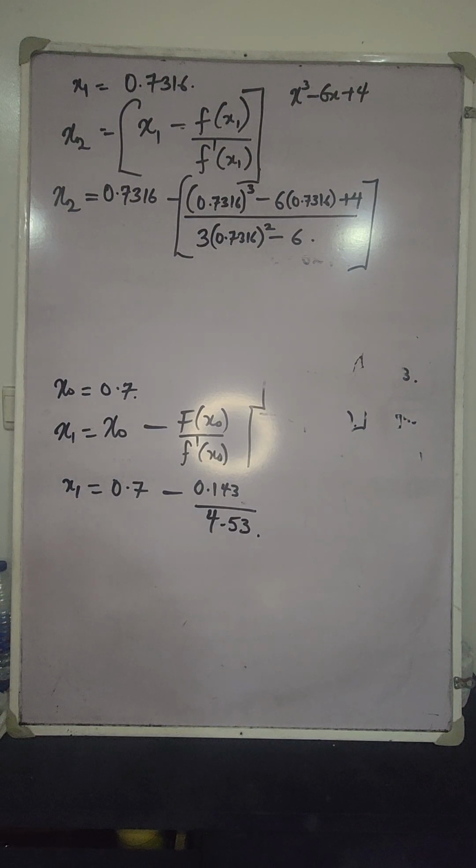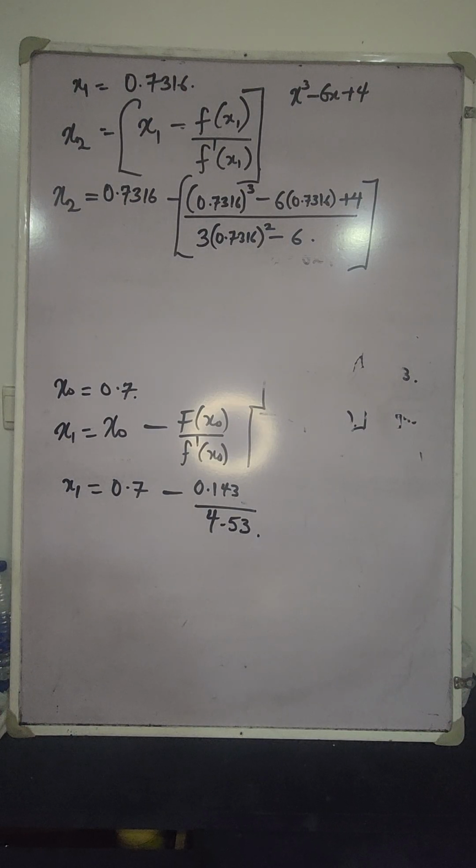See, that's minus 6 into bracket 0.7316 close the bracket plus 4. So divide by 3 into brackets 0.7316 all to the power of 2 minus 6. Is that correct?